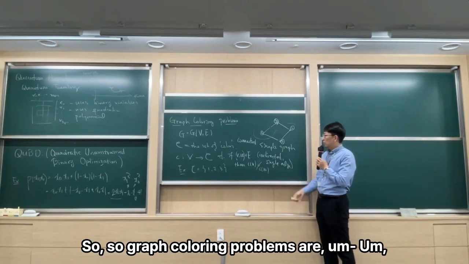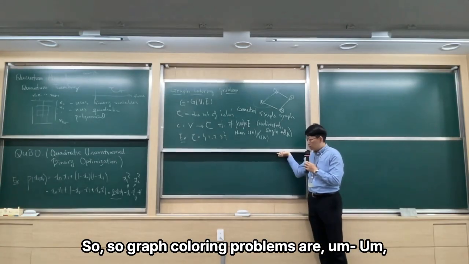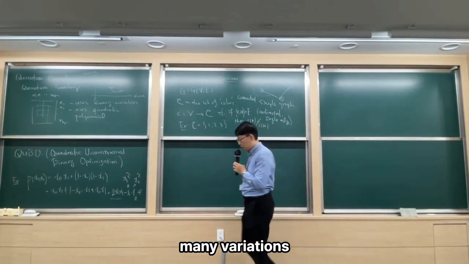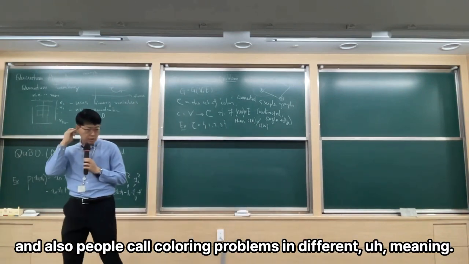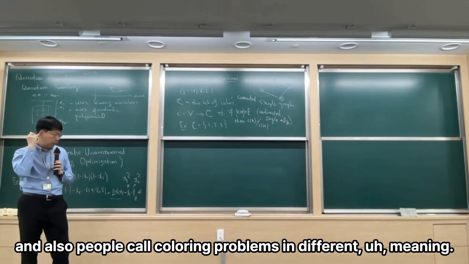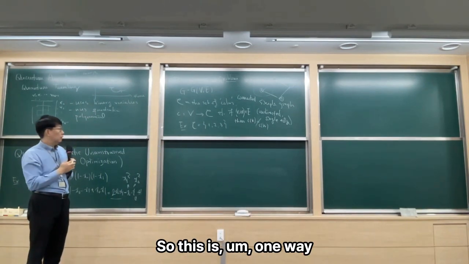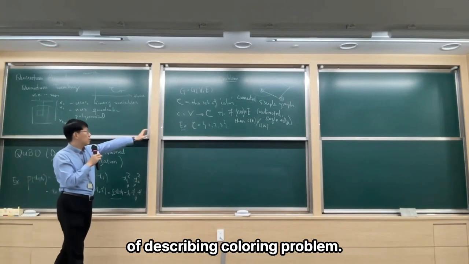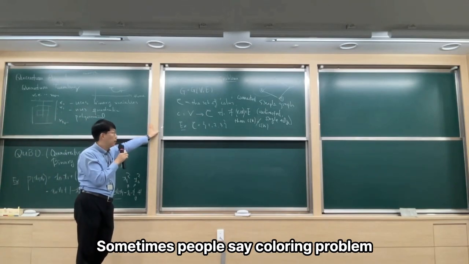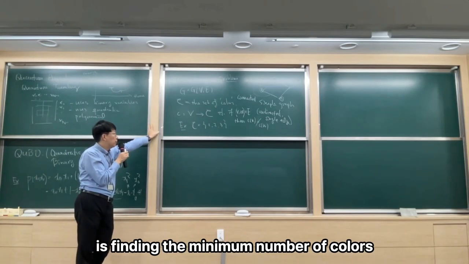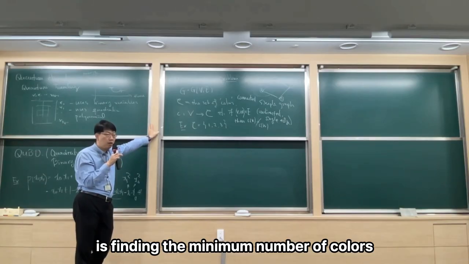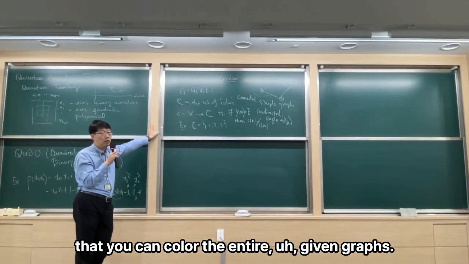The graph coloring problem has many variations, and people call coloring problems different things. This is one way of describing the coloring problem. Sometimes people say the coloring problem is finding the minimum number of colors with which you can color the entire given graph.